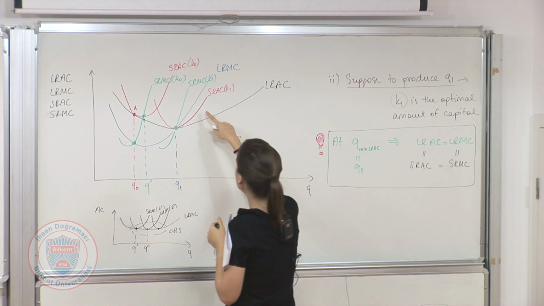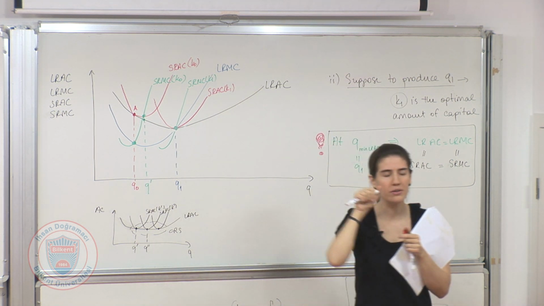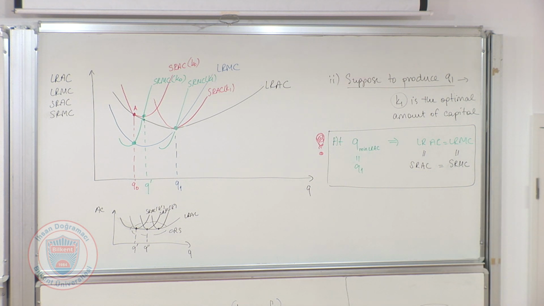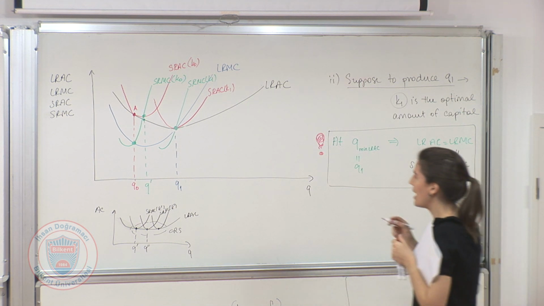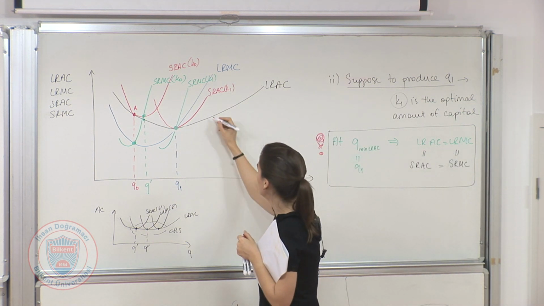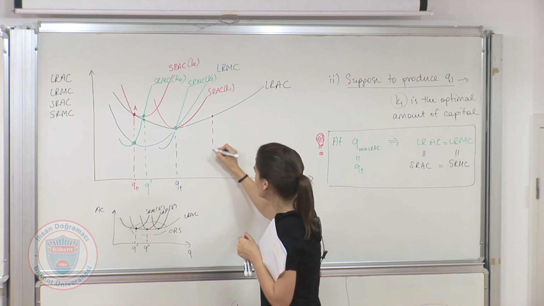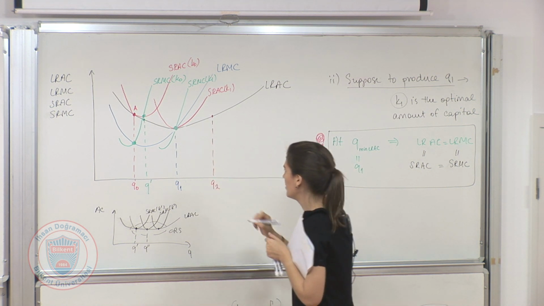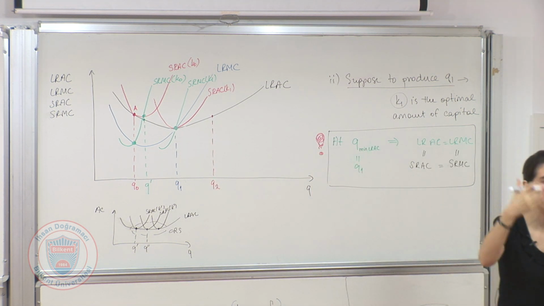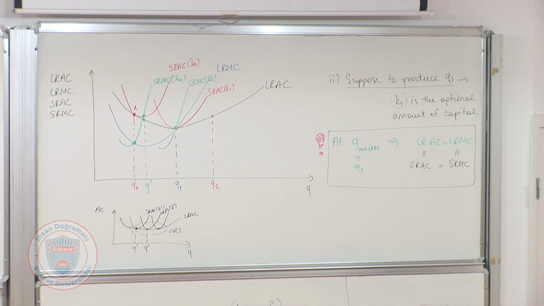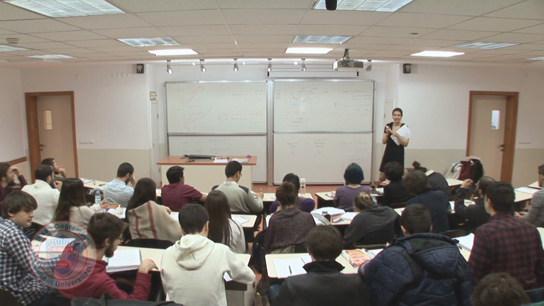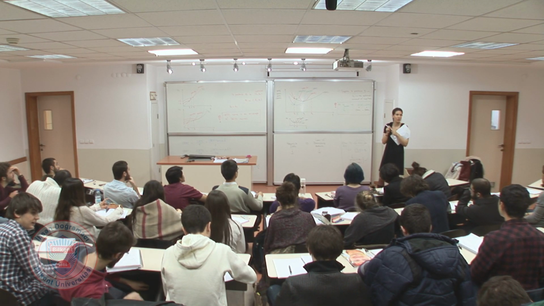Now what's going to happen on this decreasing returns to scale portion? Now you guys can guess, I guess. How shall I draw my short-run average cost curve? Let's say I have a level, let's say here, okay, Q2. Suppose K2 is the optimal amount in order to produce Q2. So how shall I draw my average cost curve?